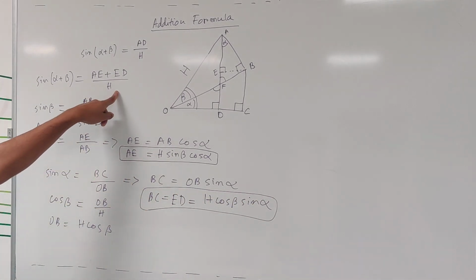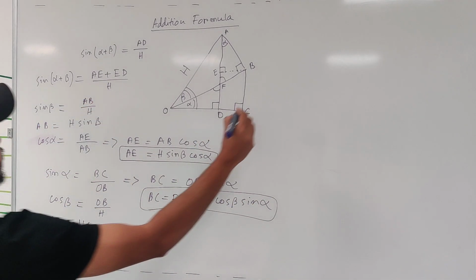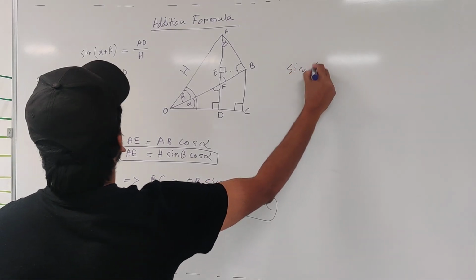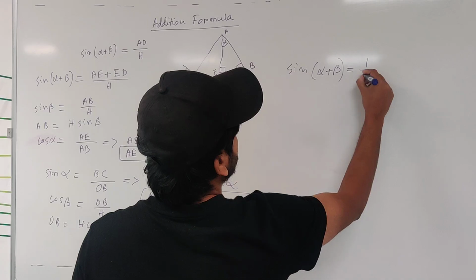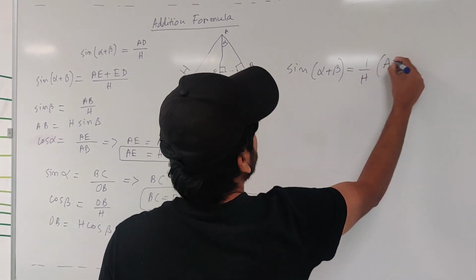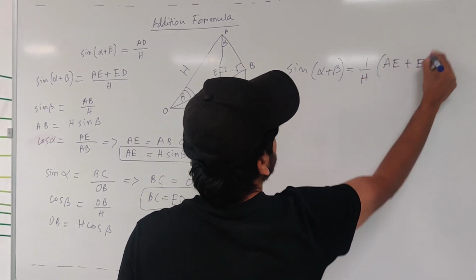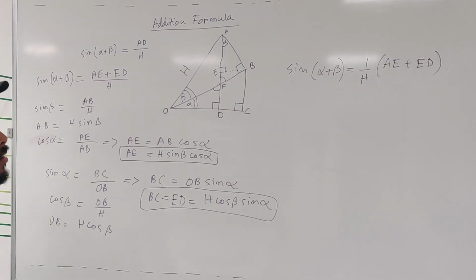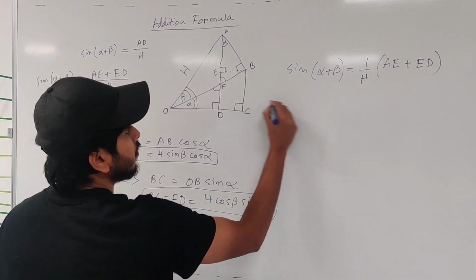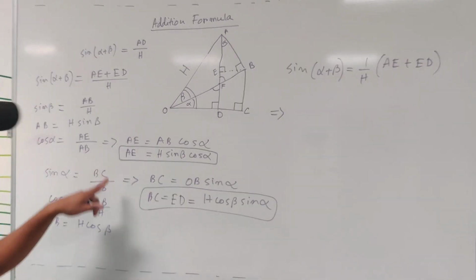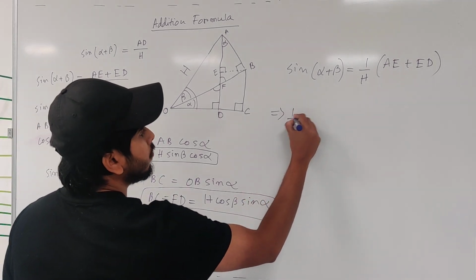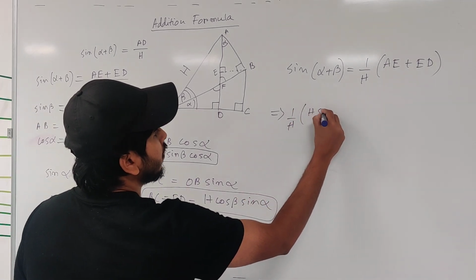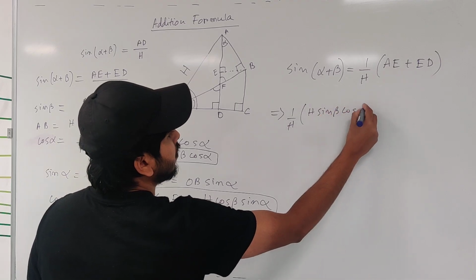Now we have to substitute these values here. So sin alpha plus beta, which is equal to 1 over H times AE plus ED. Right? What is AE? AE equals, from here, H sin beta cos alpha. So 1 over H sin beta cos alpha.